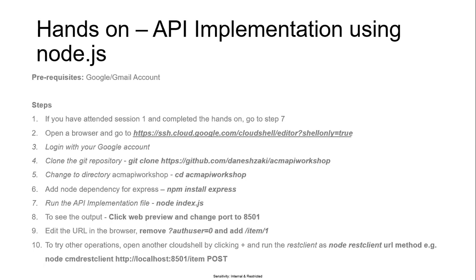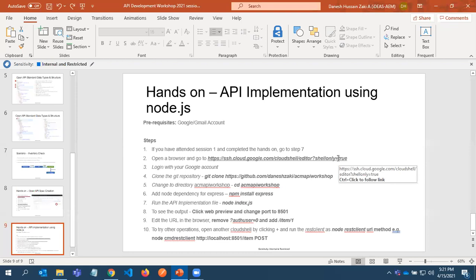There is a free limit available, which we will use to create the implementation in node.js for this particular API specification. You need to have a Google or a Gmail account, and then you have to go to this particular URL. So we can copy this here.